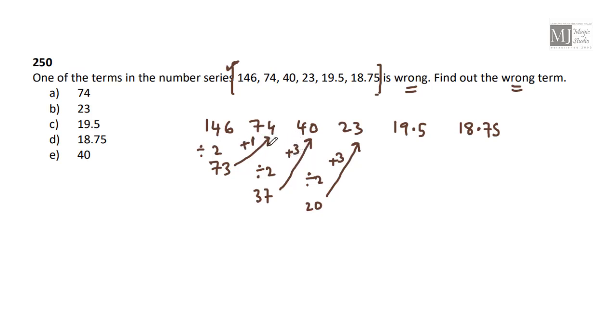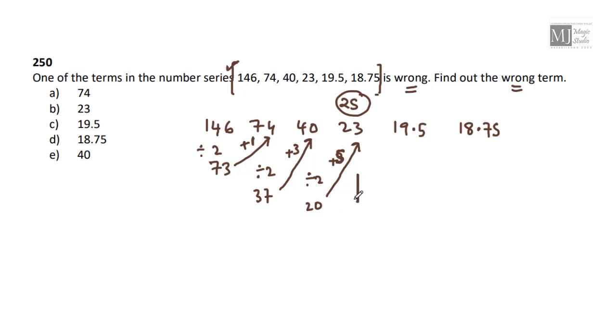So if this addition series is moving in a specific order, maybe like an AP, I should be adding 5 to it. Let's add 5 to it and check. 20 plus 5 should be 25.